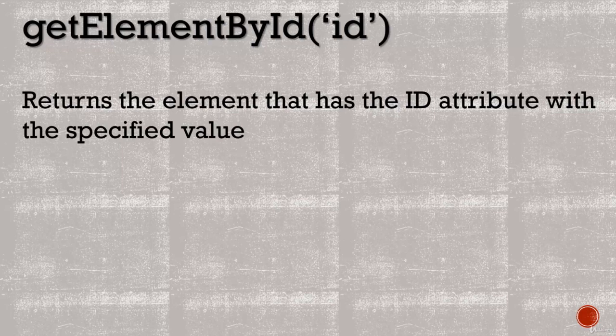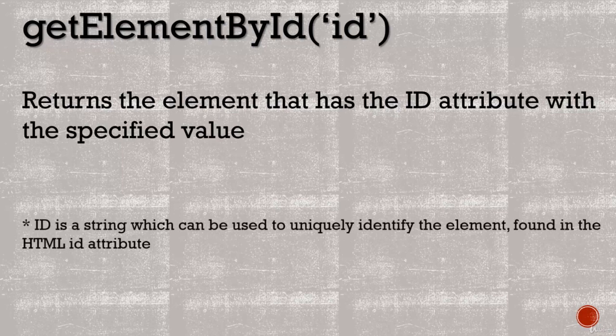And in order to get the element, we need to indicate the relevant value of the ID attribute. The ID is a string which can be used to uniquely identify the element found in the HTML ID attribute. Remember that you just need to write the value of the ID attribute without the pound sign, which is actually used, for example, in CSS in order to select the element with an ID.